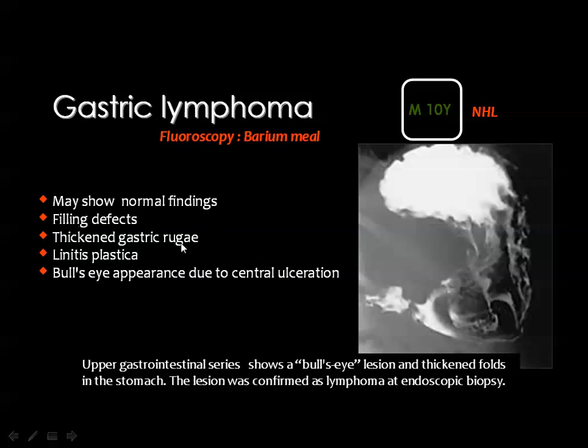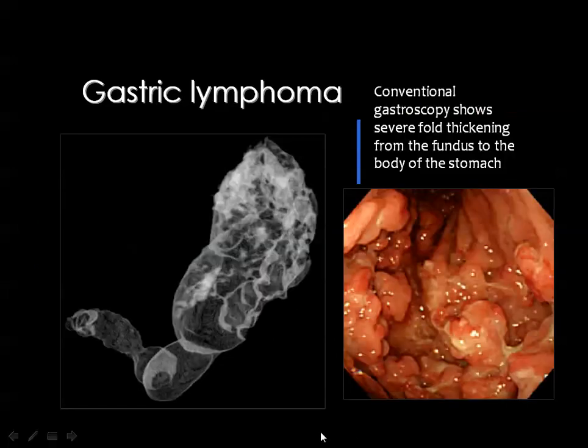Commonly you see thickened mucosal folds, and you remember that lymphoma is one of the causes of linitis plastica appearance, and sometimes the patient presents with mucosal lesions with mucosal ulcers.